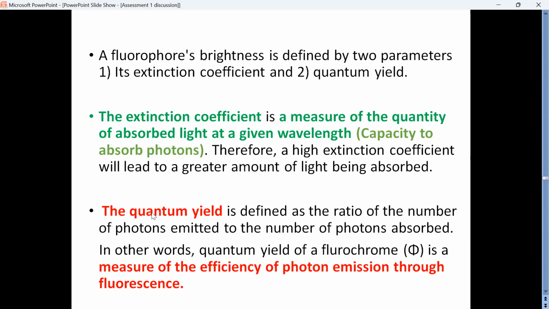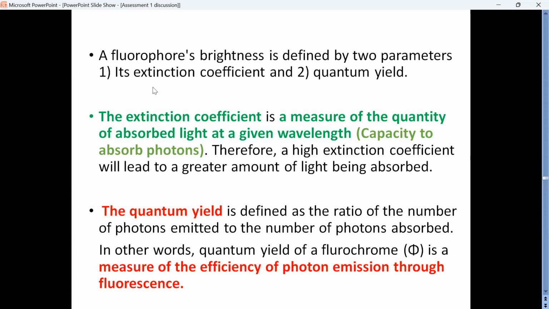In comparison, if another fluorochrome emits just 4 photons for 1 photon absorbed, then the quantum yield is 4. So obviously the fluorochrome with a quantum yield of 8 will be brighter than the fluorochrome with a quantum yield of 4. So quantum yield is also related to brightness. Higher the quantum yield, higher the brightness. Higher the extinction coefficient of a fluorochrome, higher the brightness.